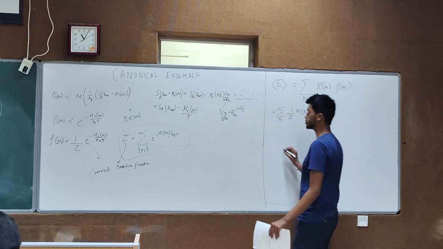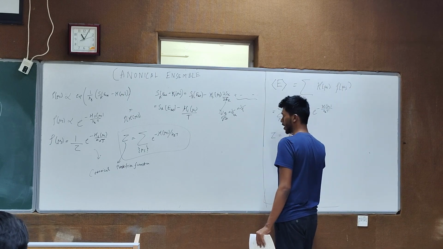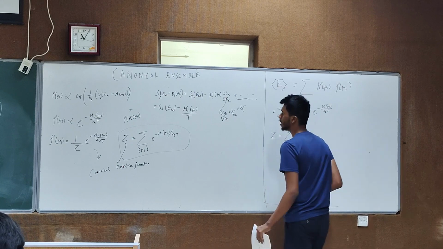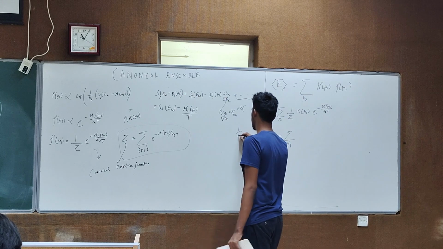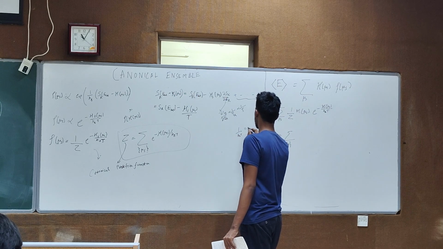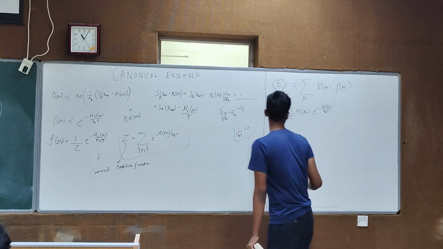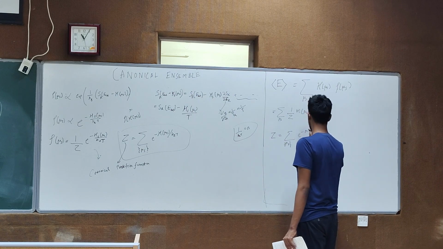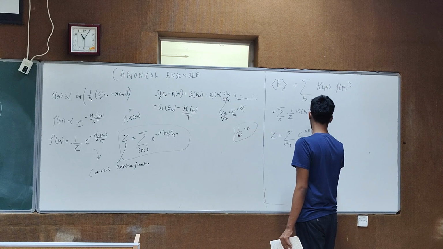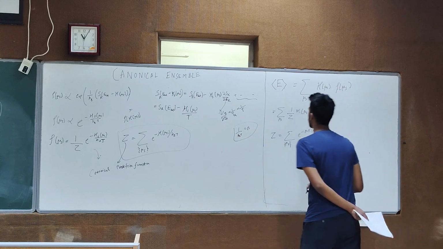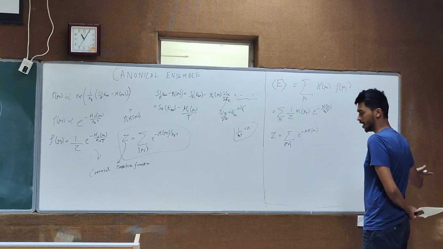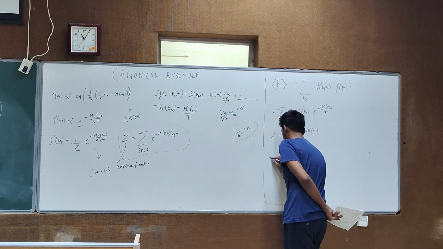Now, if you look at this partition function, let's call 1 by kBT as beta. So, if you take a derivative of Z with respect to beta, what do you get?